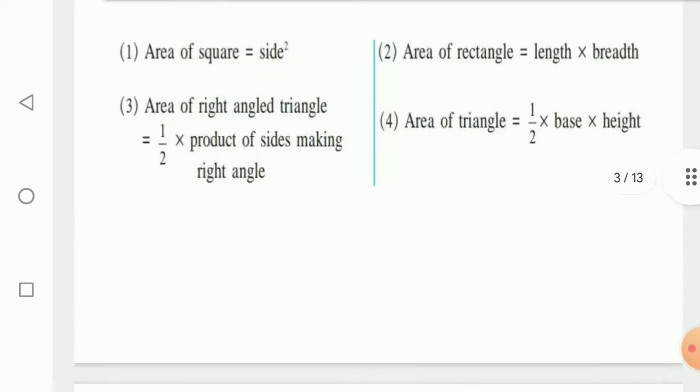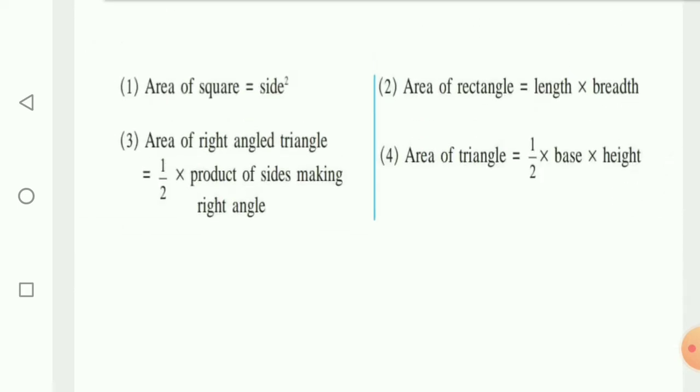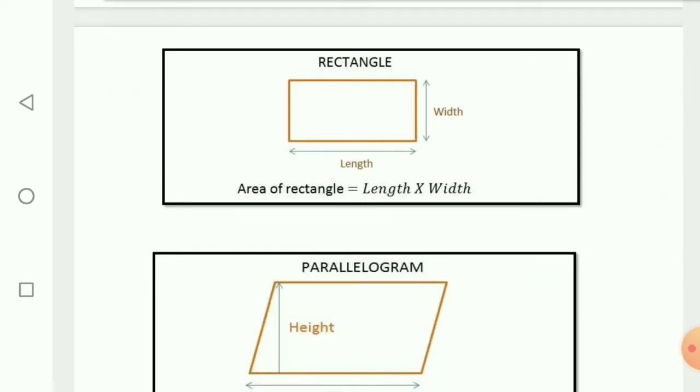Then in previous standard, that is in 7th standard, you have studied area of square, area of right angle triangle, area of rectangle, etc. Now here what we are going to use is area of rectangle and area of triangle when height is given, that is half into base into height. You already know area of rectangle is length into breadth or length into width.